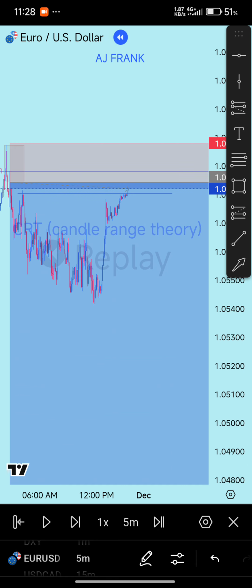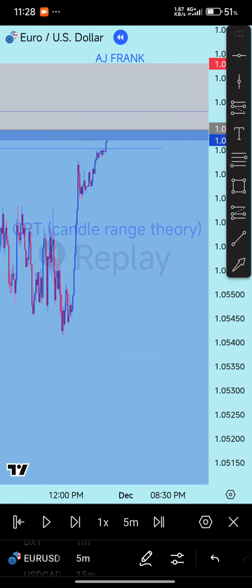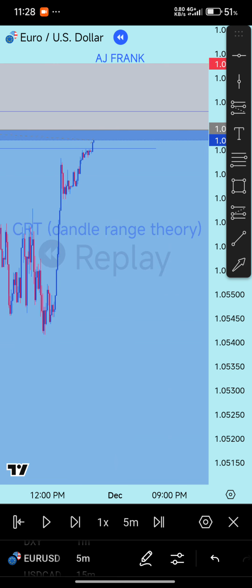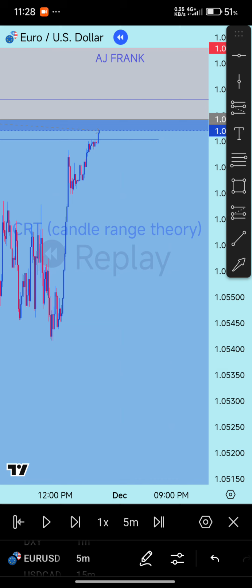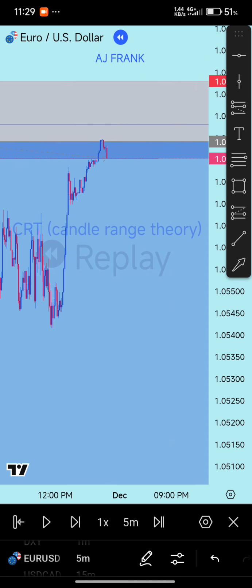Alright, price took it. So for us to confirm is a grab and not a run, we need an impulsive move down below it. Oops, it's still going up. Okay, I just need to see a fair value gap. Alright, we have it right there.